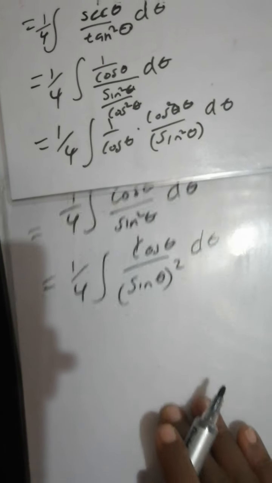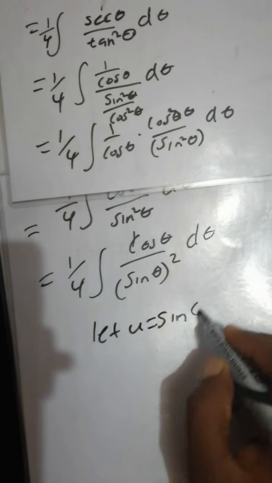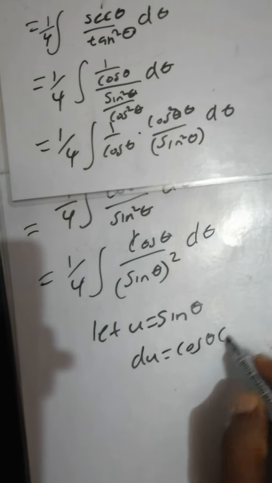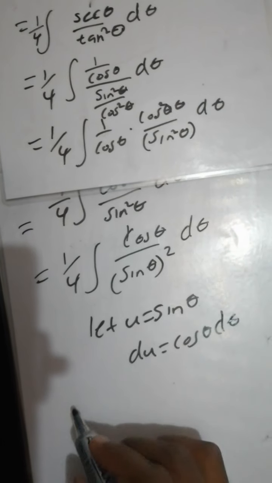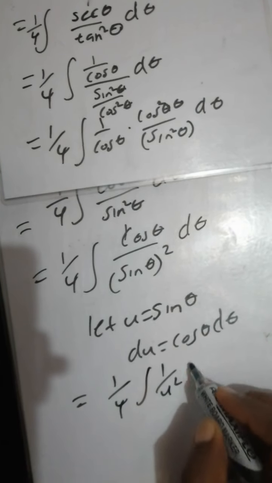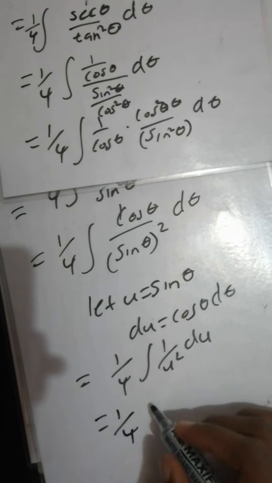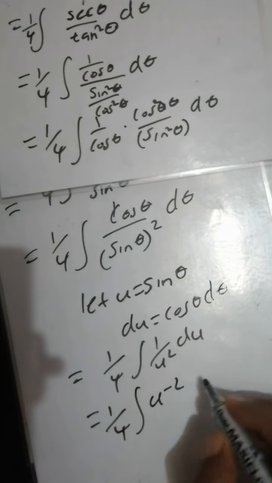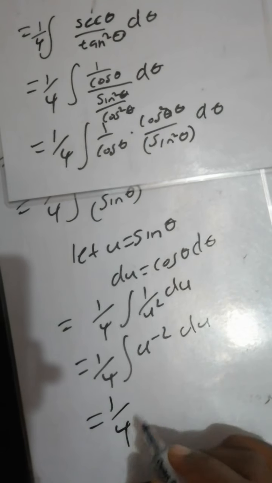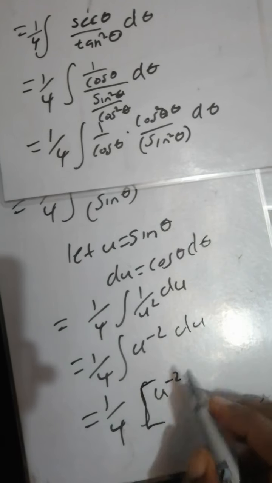After that, we can use the substitution. Let u equal sine theta. So this means that du equals cos theta d theta. So that's 1 over 4 times 1 over u squared du. So 1 over 4 u to the power negative 2.